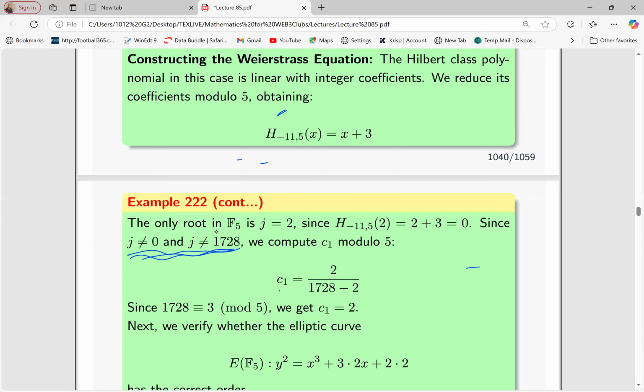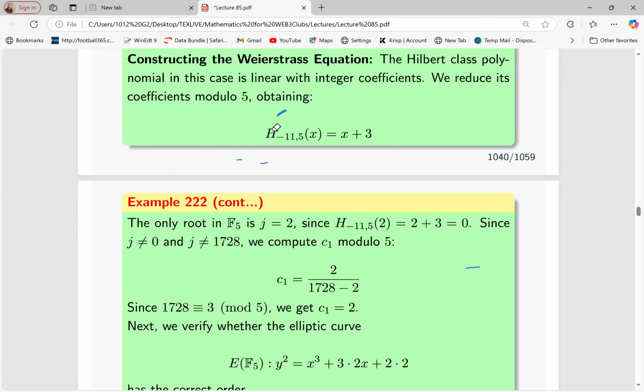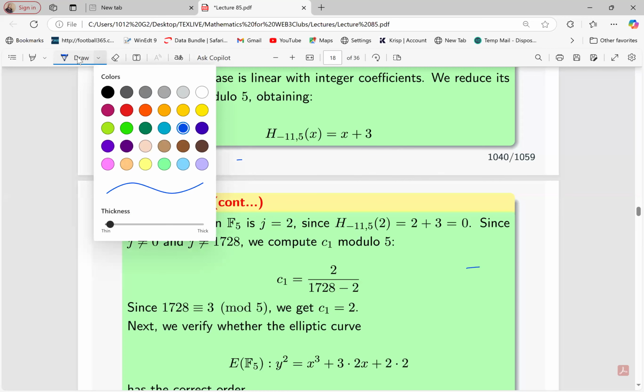Then we come and insert our C1 and C2. But in our case, we don't have C2. So we just go back and check which curve. If J is 0, which curve should we choose? If J is not 0, and what was our D? So we go back and check the curve.